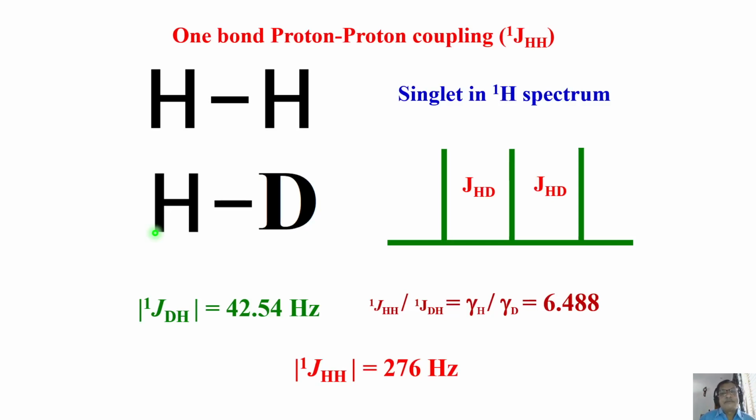That was feasible in that molecule. But in this molecule, there is no carbon-13 at all. So we have to use a different method, the procedure adopted: changing the proton to deuterium, measuring the JHD coupling, and obtaining JHH by using this formula.